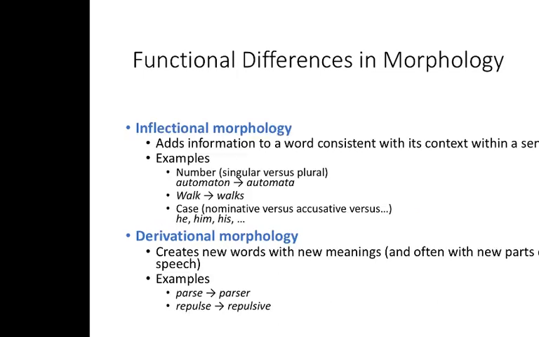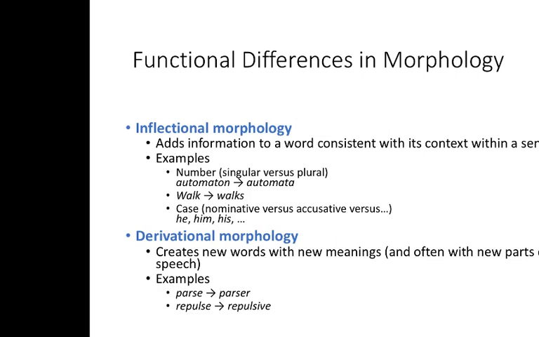So those are formal differences in kinds of morphology that you have to deal with. But there are also functional differences that can be very important in making NLP decisions. The main division here is between inflectional morphology and derivational morphology. Inflectional morphology just adds information to a word.